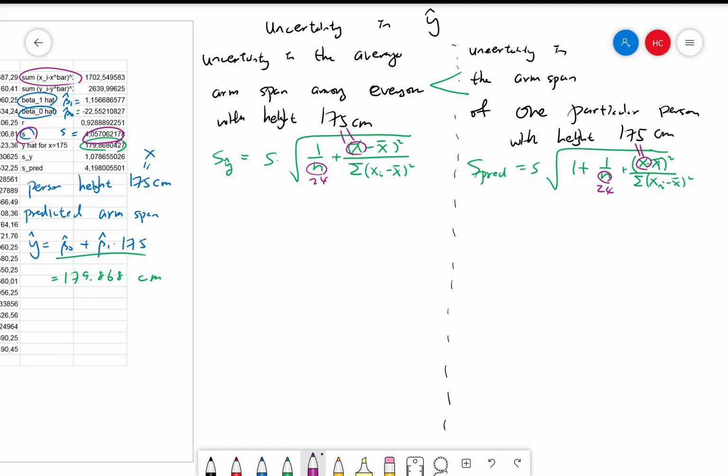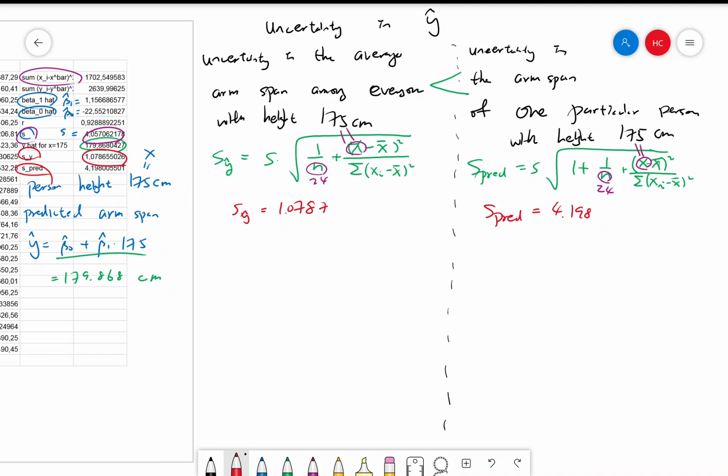In our example, s_y hat and s_prediction are both calculated in the spreadsheet. s_y hat is 1.700787, and s_prediction is 4.198. So s_prediction is much bigger than s_y hat.